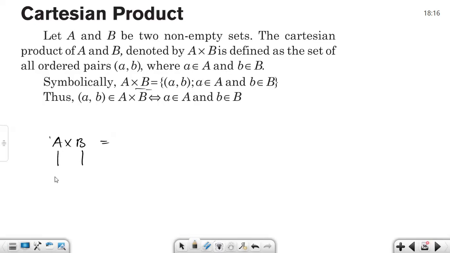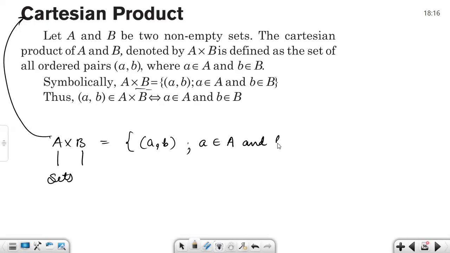A and B are sets, and if we are multiplying two sets, then it is known as the Cartesian product, and its result will include all the elements, like ordered pairs in such a format that a can be any element from set A and b can be any element from set B. So this is what a Cartesian product set looks like, and this is the set builder form.